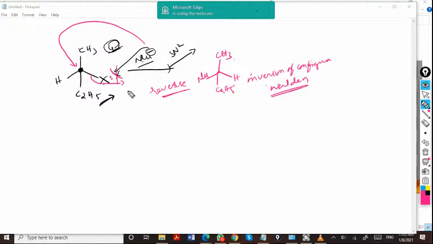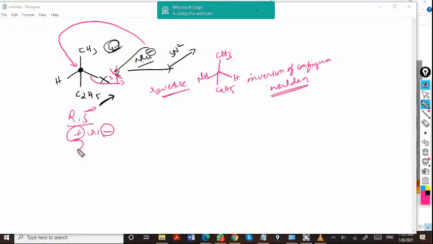Okay. So generally the chiral centers are named with the R and S nomenclature or the plus or minus nomenclature. When the optical rotation is positive, it is denoted as plus; when it is negative, it is denoted as minus.